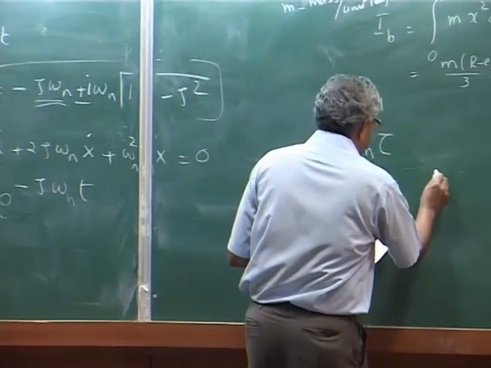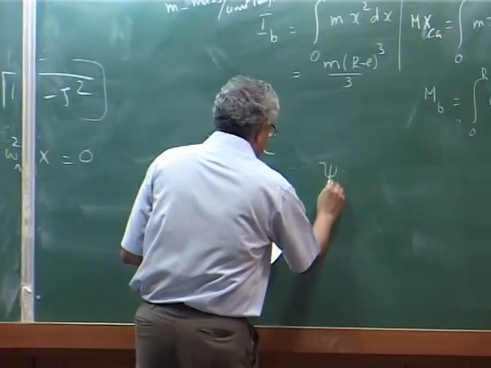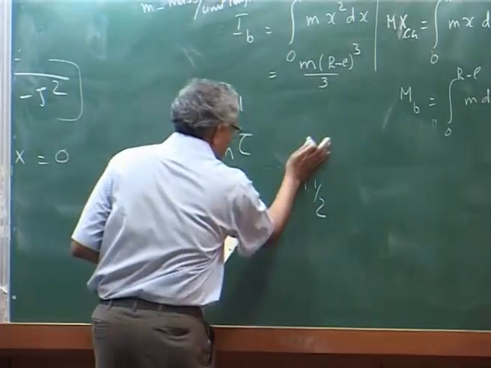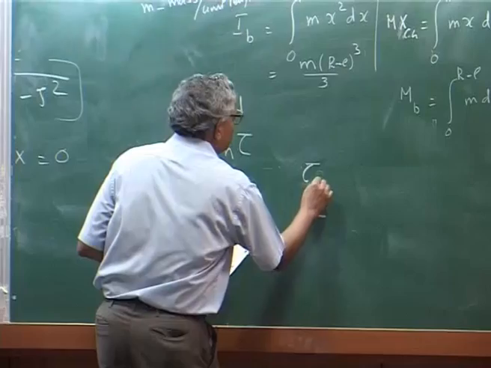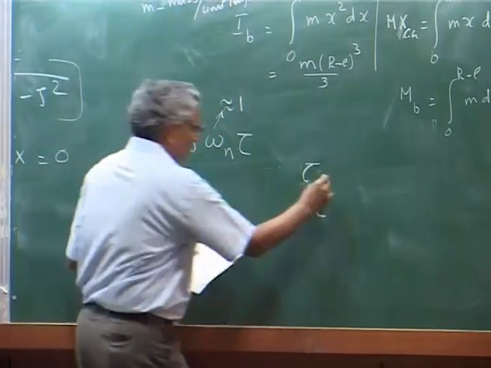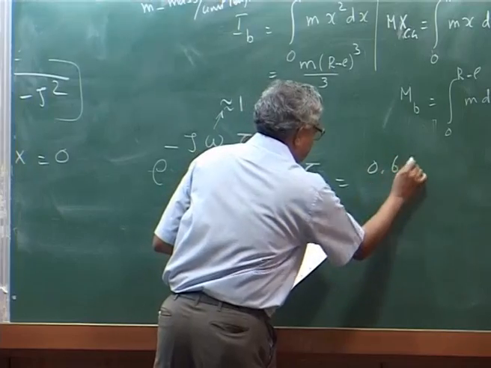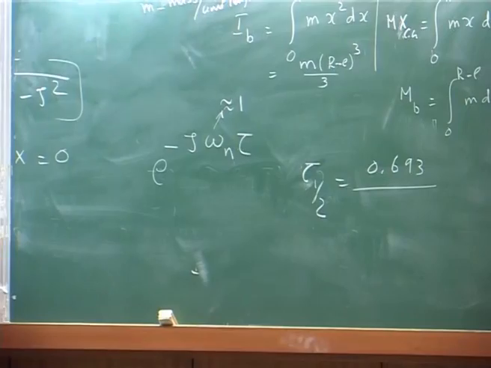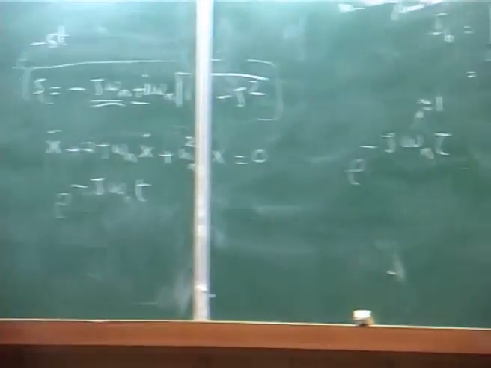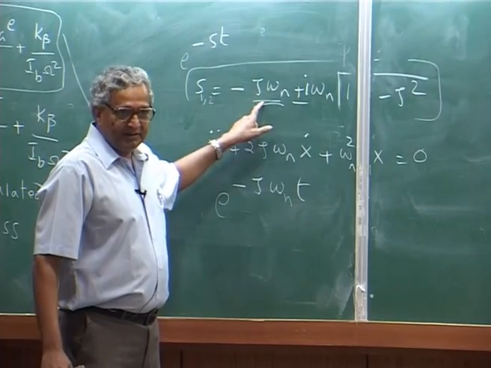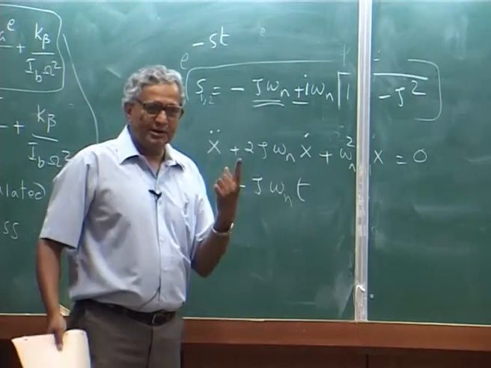So, the time for half amplitude will be 0.693 divided by the negative real part of this, which is zeta omega n. Omega n we took it as 1.